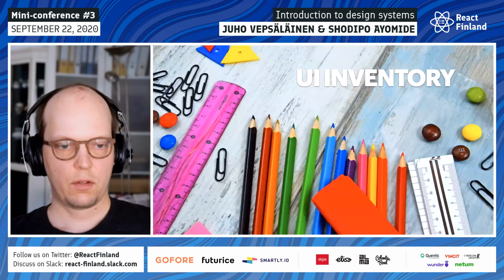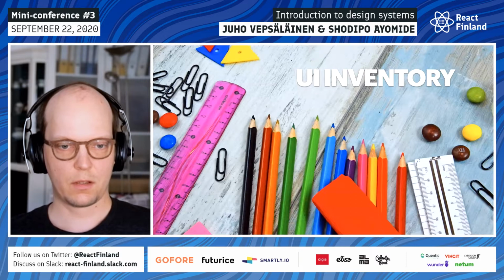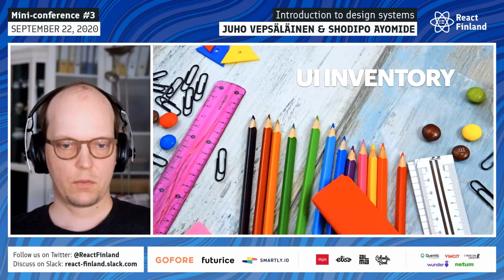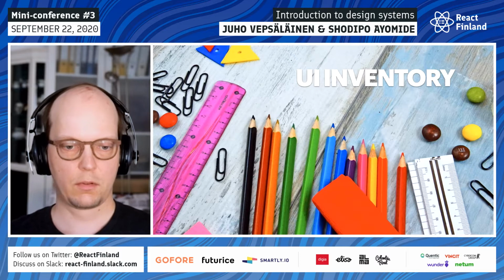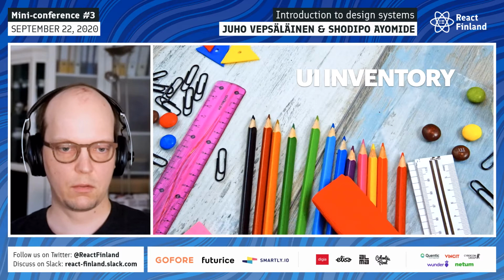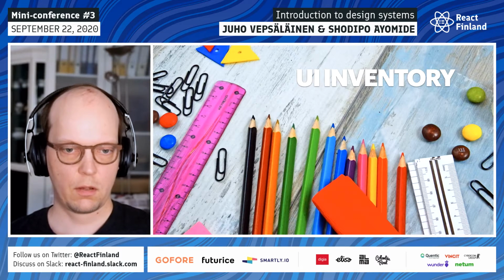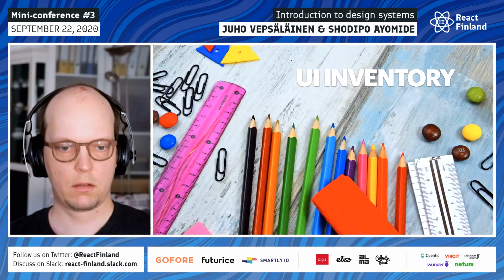When you start thinking in terms of systems of design, the first step to do, that's quite smart, especially if you don't have a design system in place, is to create some kind of inventory of what you have in the current system. You go to your application or site, and then you start making screenshots to capture different buttons or different forms, different elements of the design you have on the site.